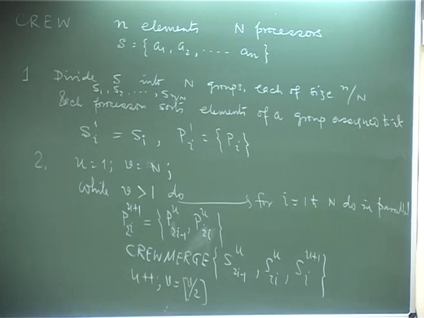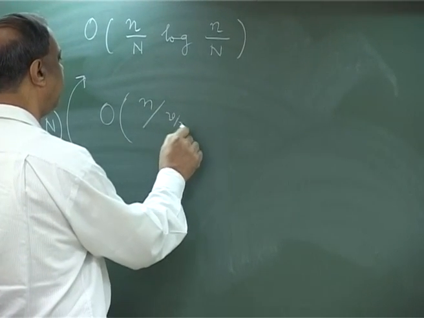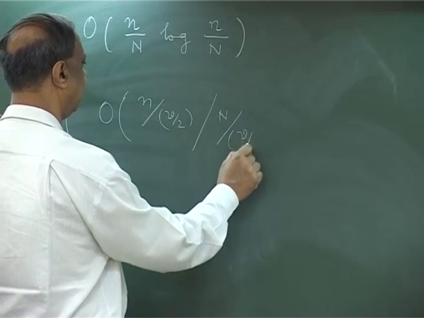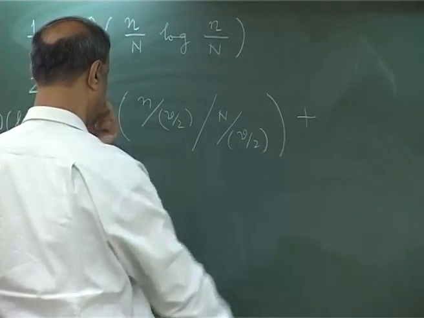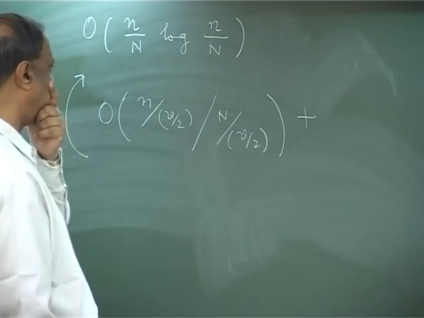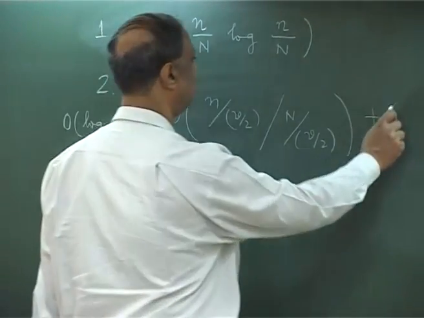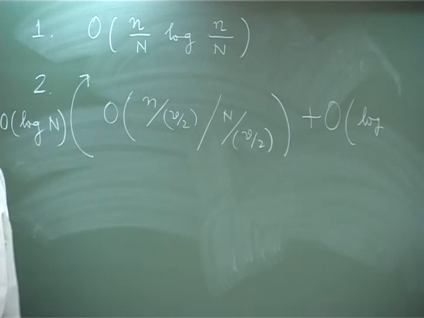What is the time complexity? You remember? If you have n and n, something there, right? What is that time complexity?